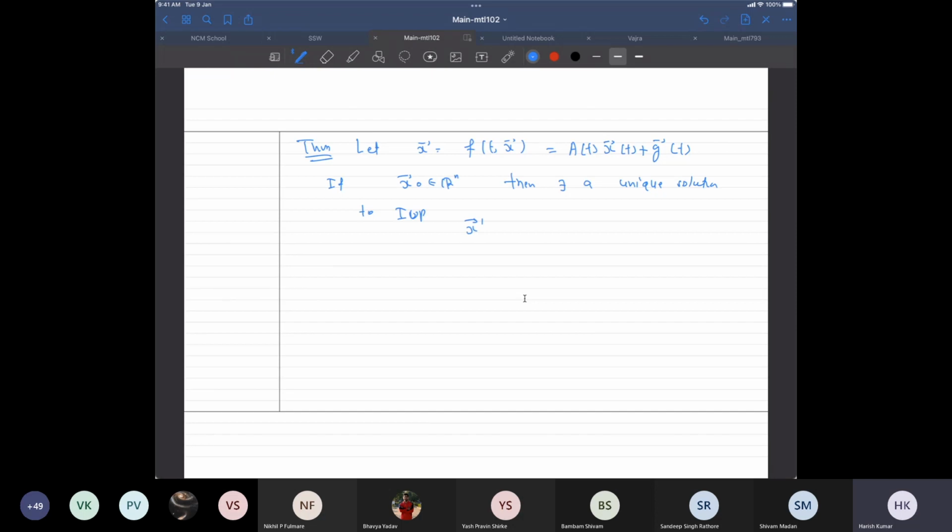Okay, so if x naught is in Rn and the Aij's are continuous on I, then this IVP has a unique solution.